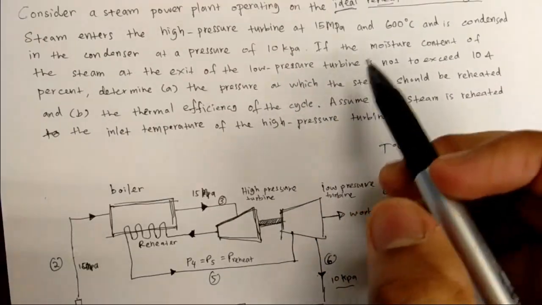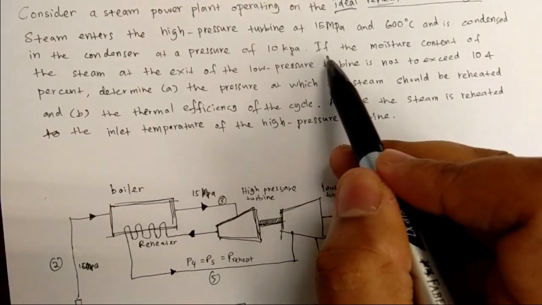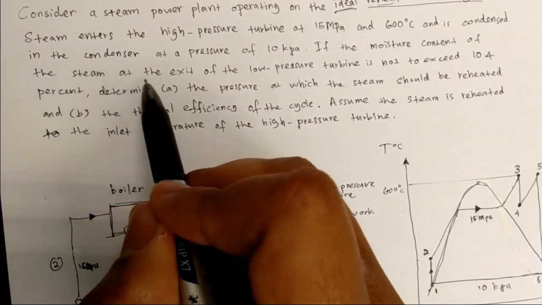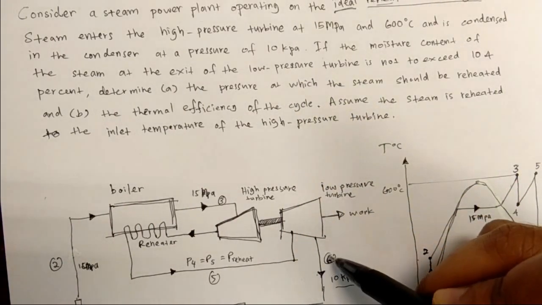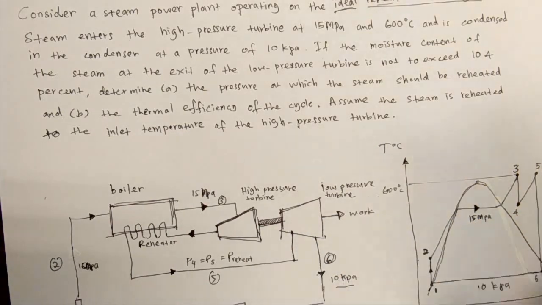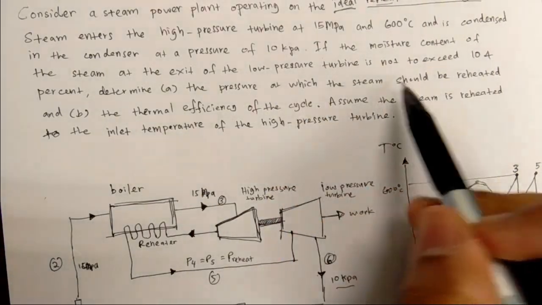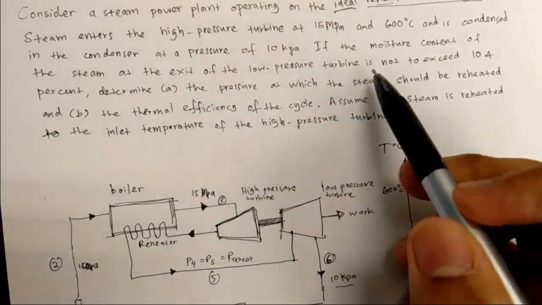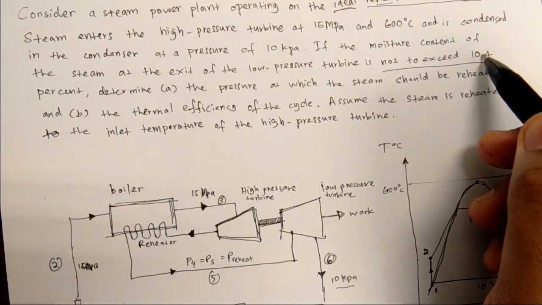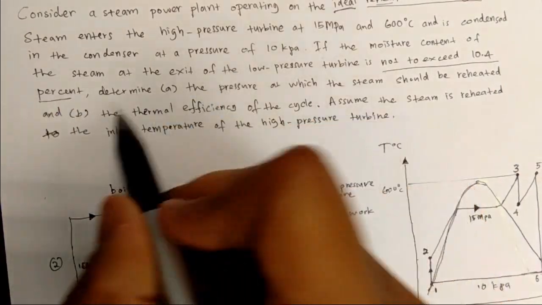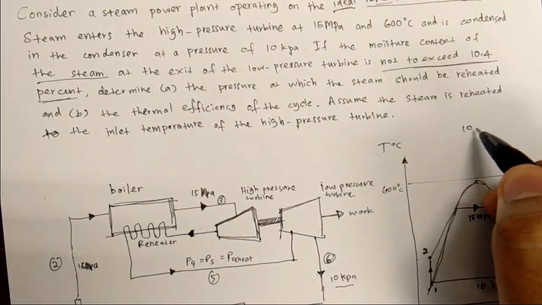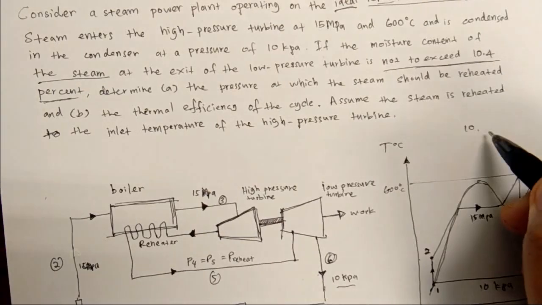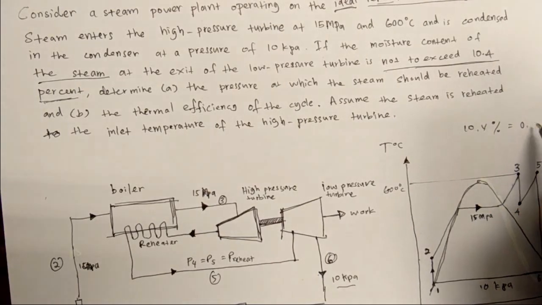And then the question is, the moisture content of the steam at the exit of the low pressure turbine, which means at state 6 here, is not to exceed 10.4%. 10.4% is equal to 0.104.